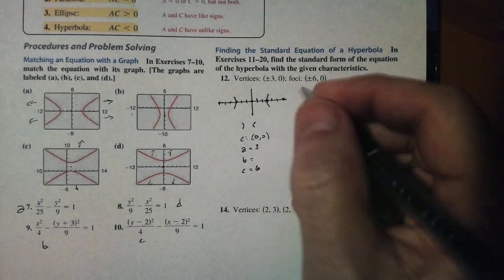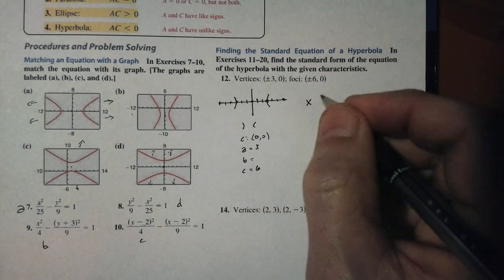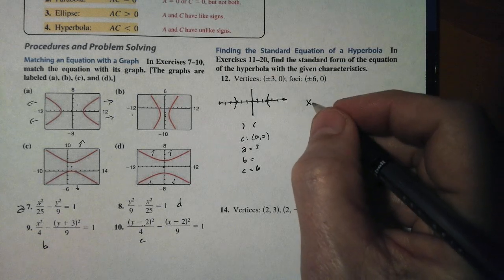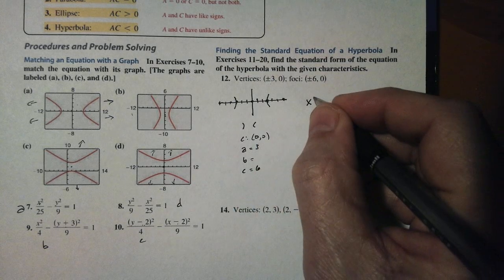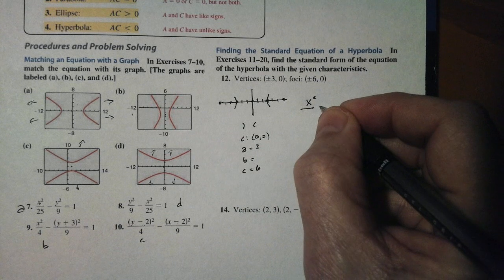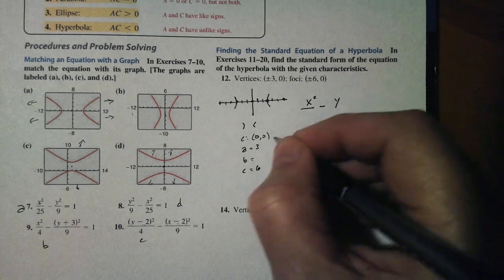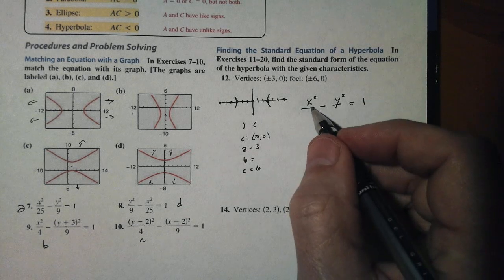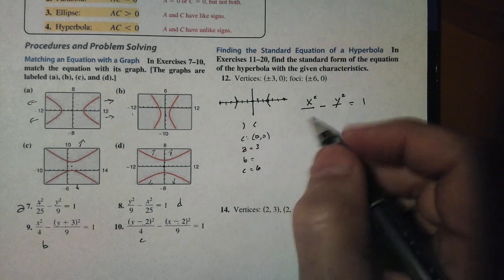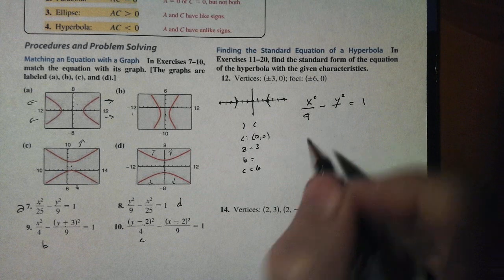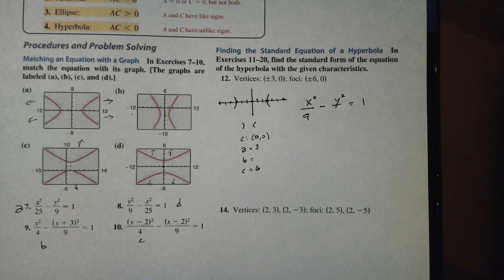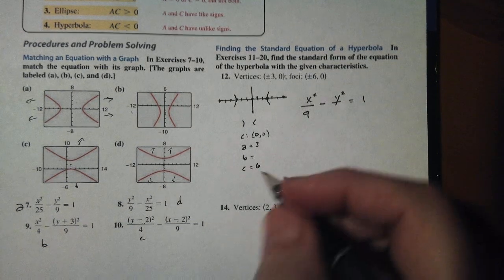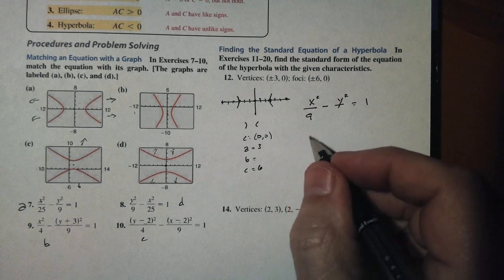So if it opens right and left, it's positive x squared, so it's x minus 0 squared on A squared, minus y minus 0 squared on B squared, equals 1. X squared is on A squared, 9. Y squared is on B squared. We need to find B, but there's a Pythagorean relationship.